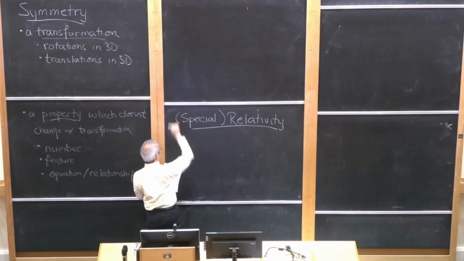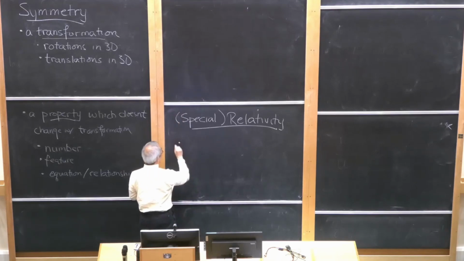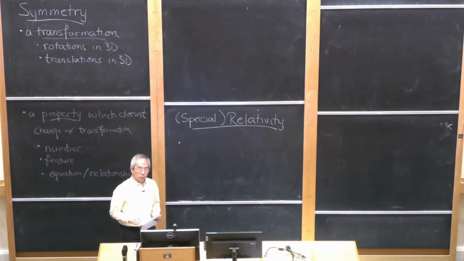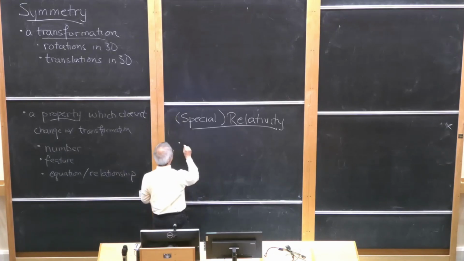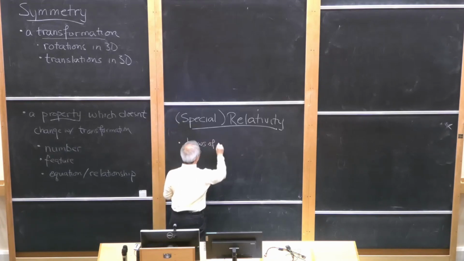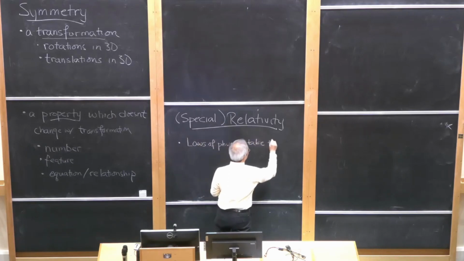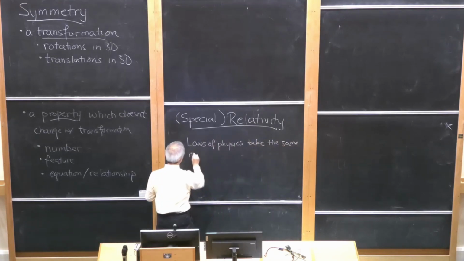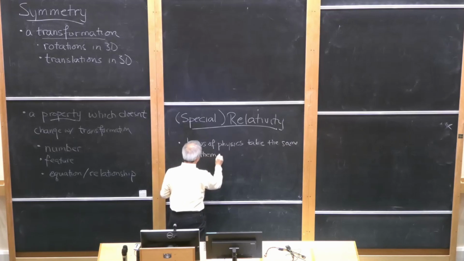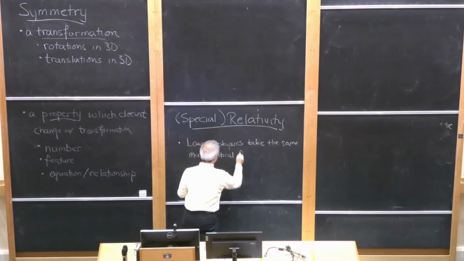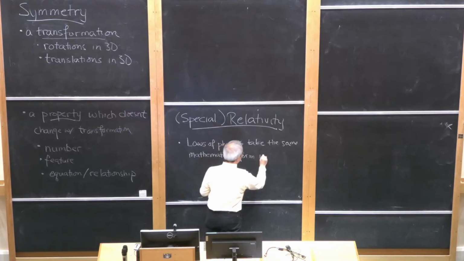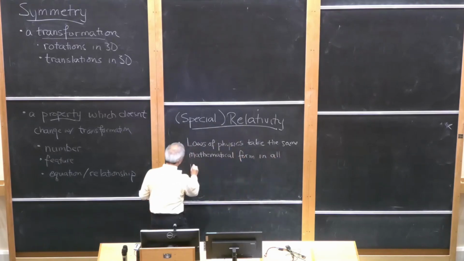Okay, well, let's go back to the postulates. I don't remember exactly how you guys get presented with the postulates of special relativity. The first one should be familiar, which is simply that the laws of physics take the same mathematical form in all inertial frames of reference.